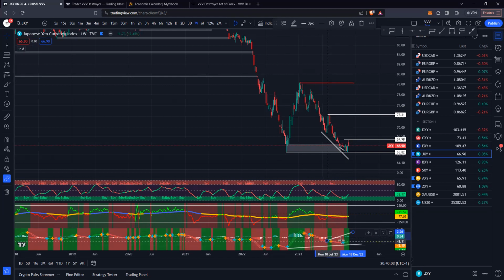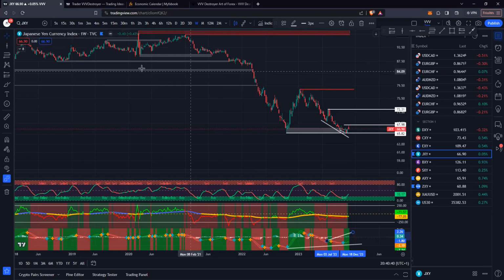Yes, we see the structural divergence here, but there are possibilities already for a pullback, which means it could go right here. But as I said before, we are under the zero line. So first, let's break the zero line. And after that, we can see what's about to happen.